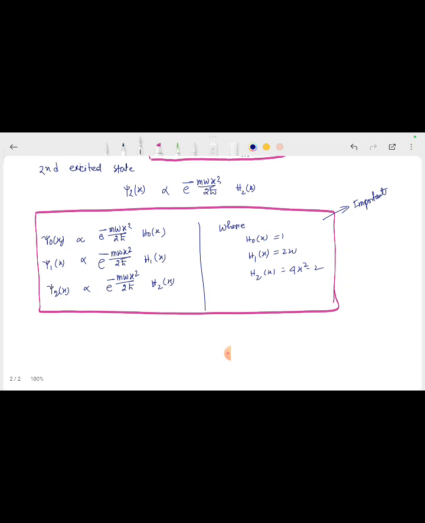This is our approach: first find the shape of these three wave functions, and then find out which eigenfunction is even, which is odd. We already know how to find out from the shape which wave function is odd and which is even, right?